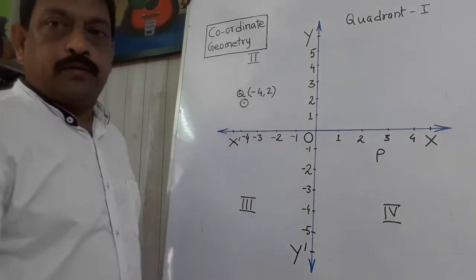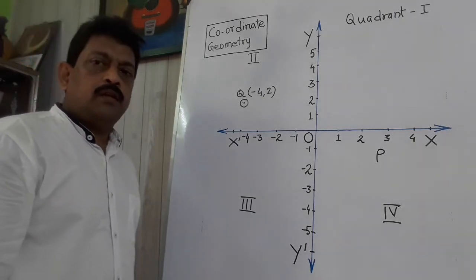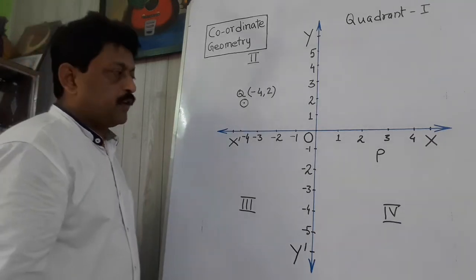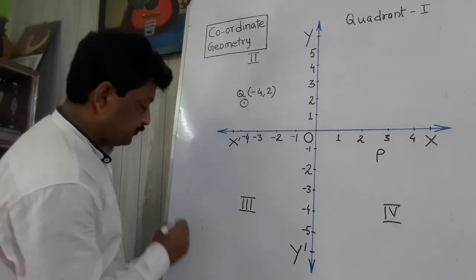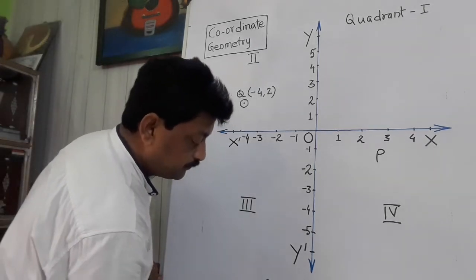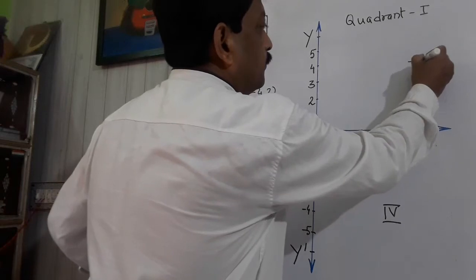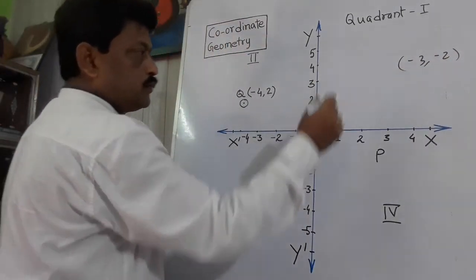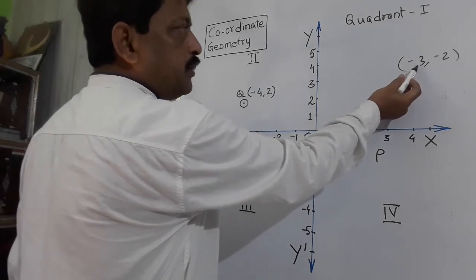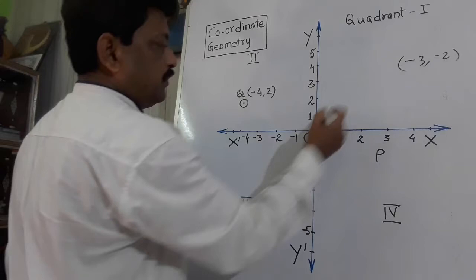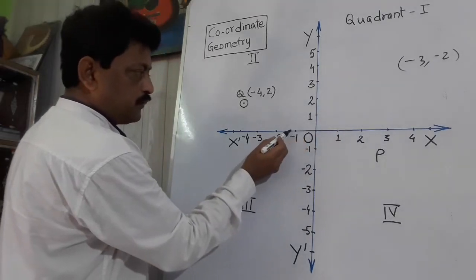Now take one more point, (-3, -2). Both have a negative sign. Let the point be (-3, -2). Now, how do we locate this point? First we have to move 3 units towards the left on the x-axis because it is a minus sign. So 3 units to the left here.